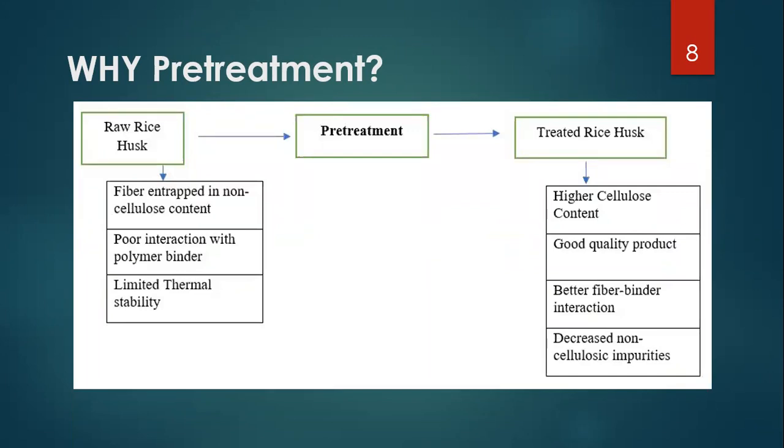So we do pre-treatment to remove or reduce the quantity of hemicellulose and lignin. In this way cellulose comes to the surface, and cellulose has binding properties, so the fiber-binder interaction gets better after pre-treatment, and non-cellulosic impurities decrease.